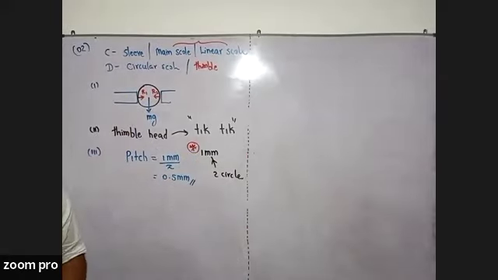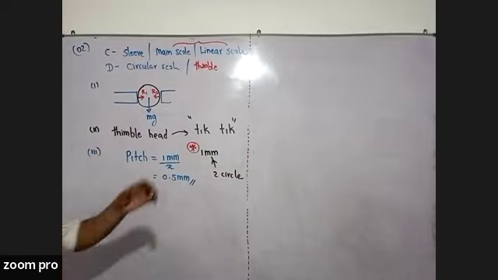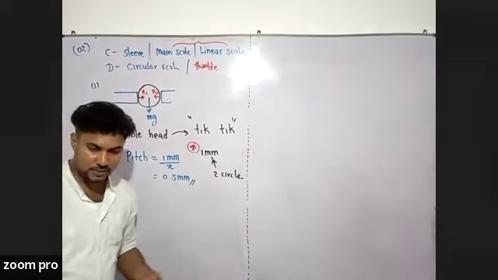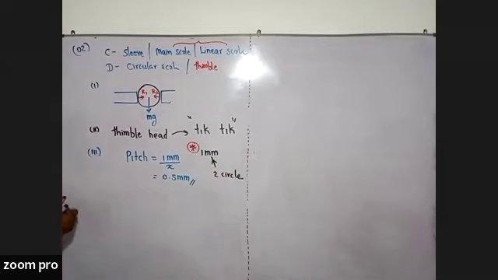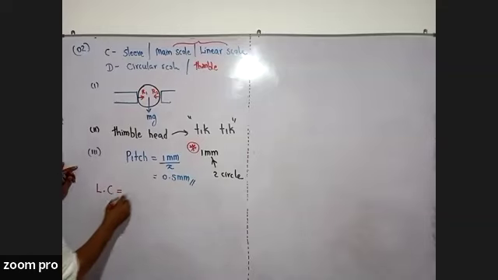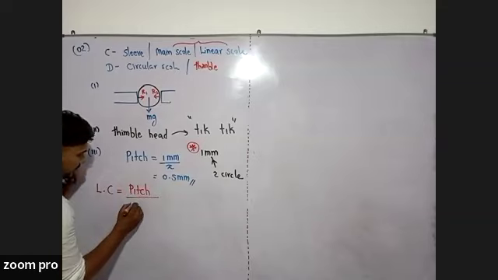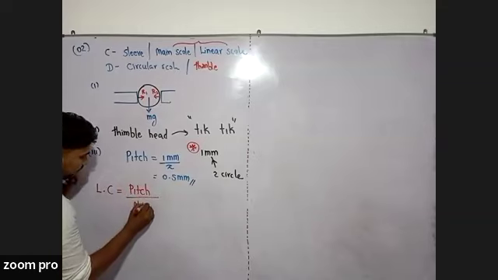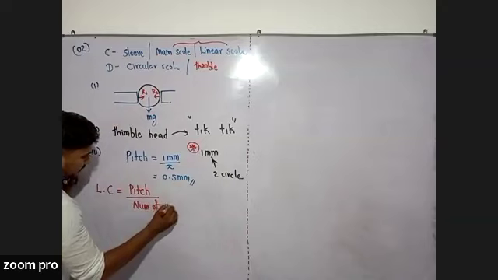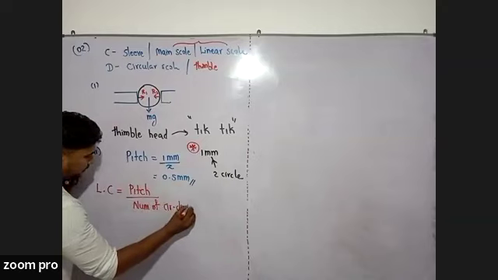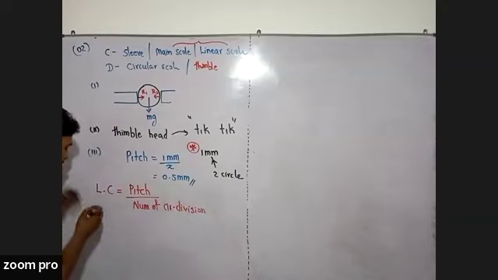And now we are asked to find the reading of this object, right? So first of all, let's find out the least count of this micrometer. You know that least count can be obtained by pitch divided by the number of circular divisions, right?